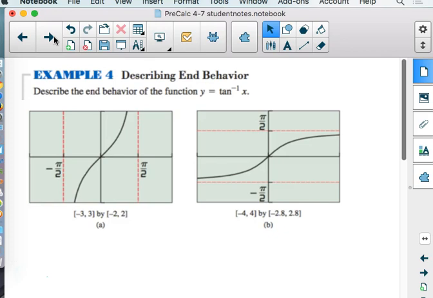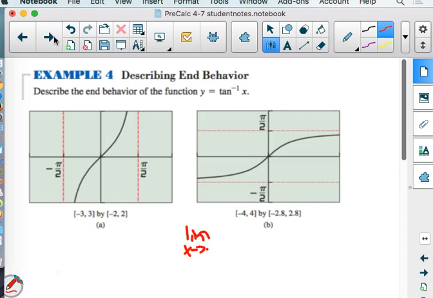But then, describing the end behavior: the limit as x approaches negative infinity of the inverse tangent of x is, and the limit as x approaches infinity of the inverse tangent of x is.